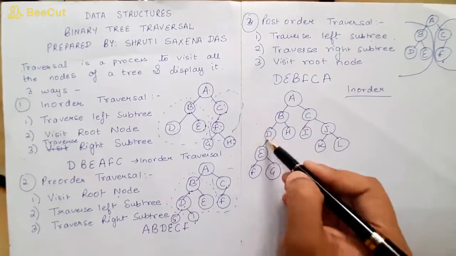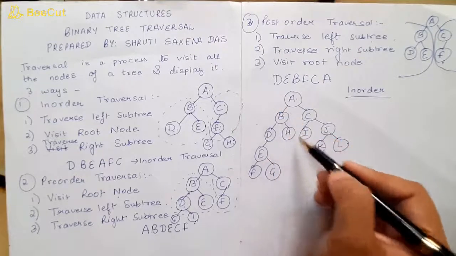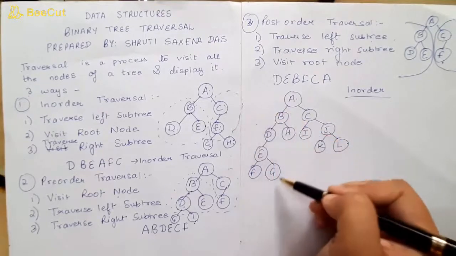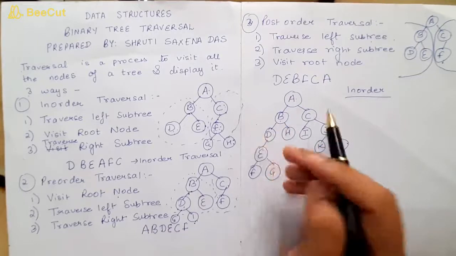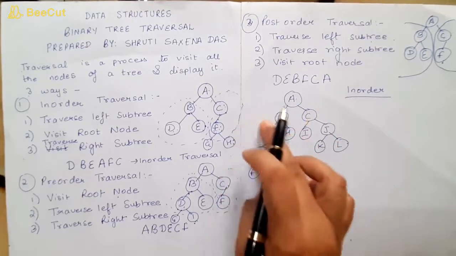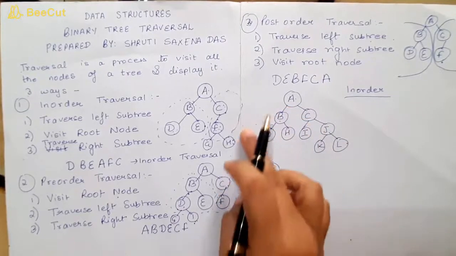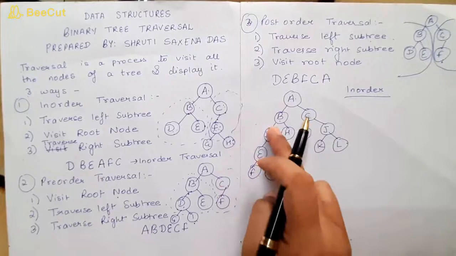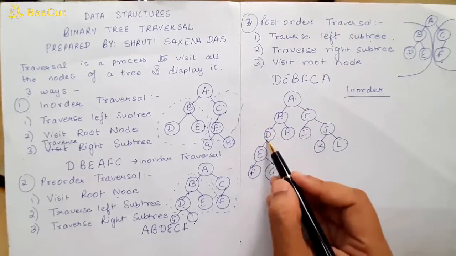So left, root, right. In the left, again we'll treat it as a separate tree. So B will be the root node for that. Then again we'll apply left, root, right. Left will be this part. In this, D is the root node.